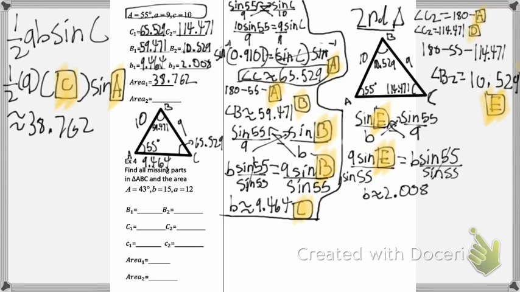Now to find area 2, we can use the same formula again, half AB times sine C. So to help me out, A equals 9, B equals 2.008.